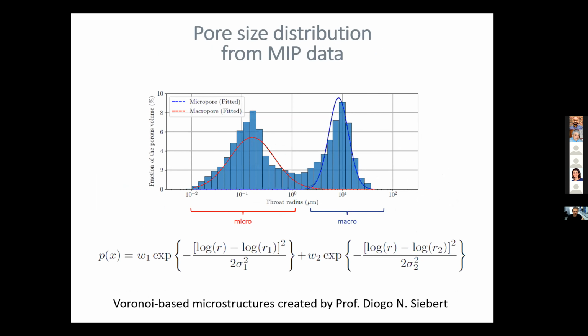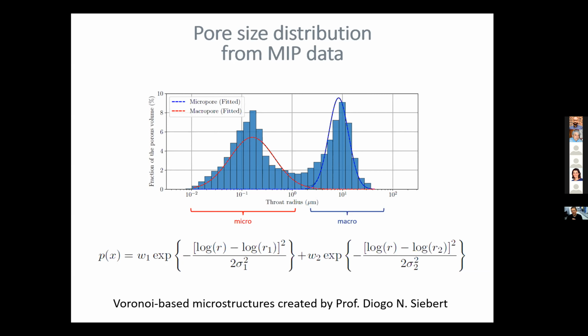To extend a little bit the work by Wu, we have considered a pore size distribution extracted from mercury intrusion porosimetry. We have analyzed that data, and you can see that there are two scales well defined, and we have adjusted Gaussian curves to each scale.